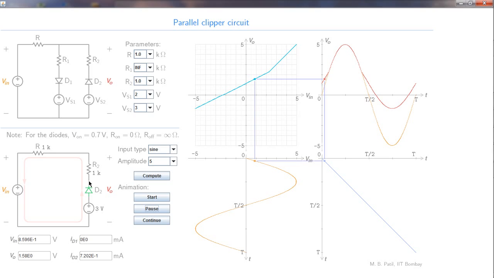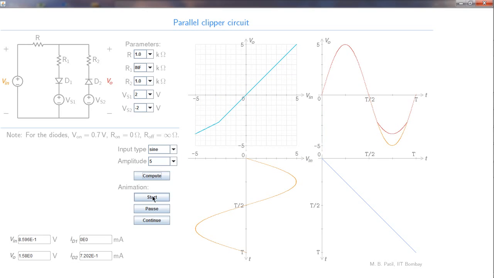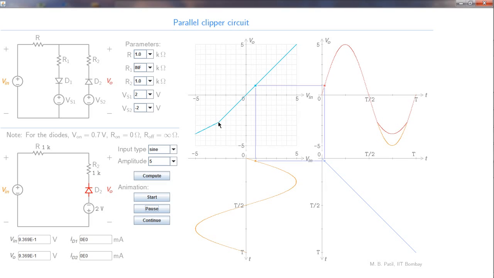And Vi equal to minus 2.7 volts is then the breakpoint. So we expect the breakpoint to shift to minus 2.7 volts, and if we don't change these resistance values, we don't expect the slopes to change. So let us check that out. Alright, so here is our breakpoint, and that is indeed at minus 2.7 volts.